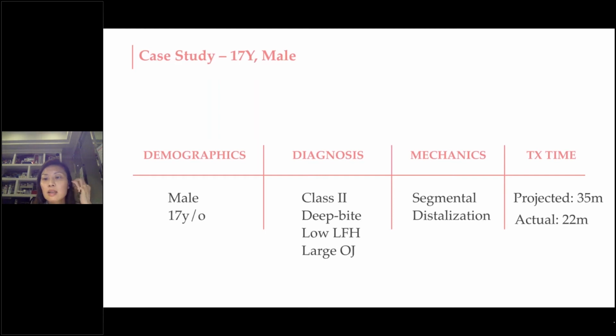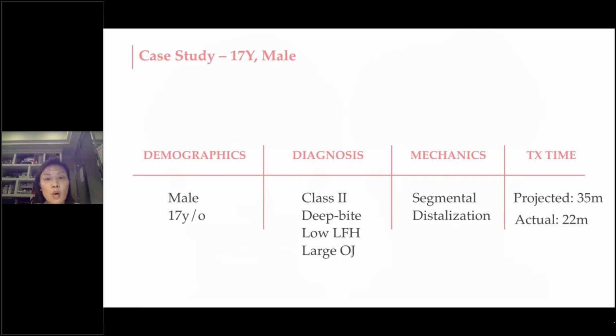The projected aligner wear, the total treatment time, was 35 months for him. However, by combining the vibration device, we were able to finish the case within 22 months.